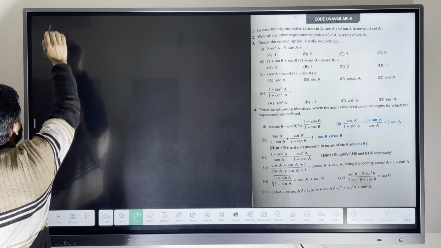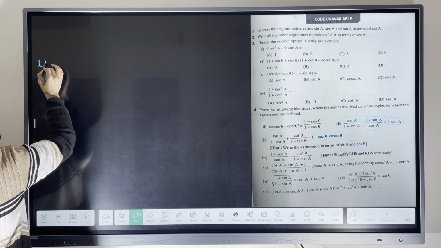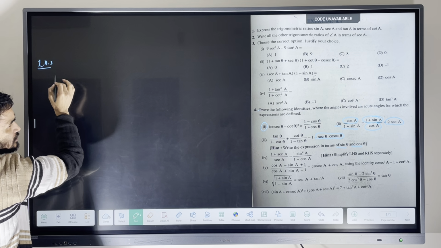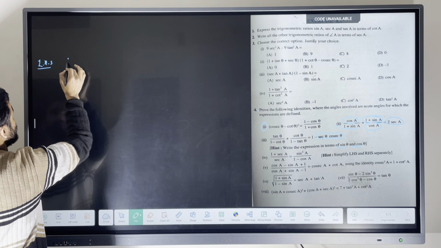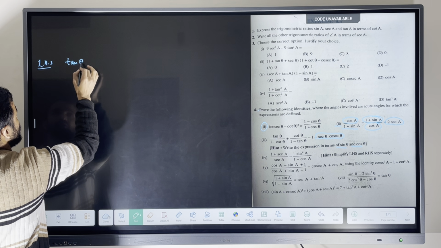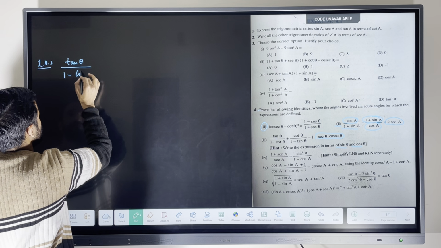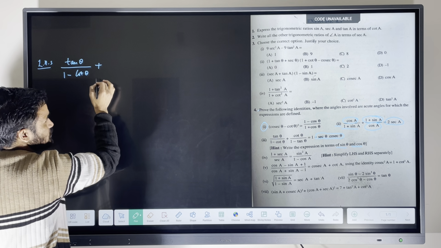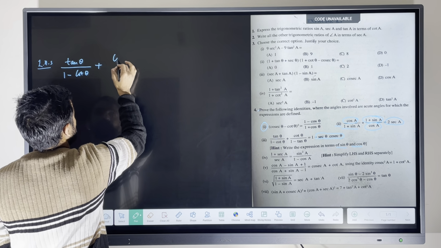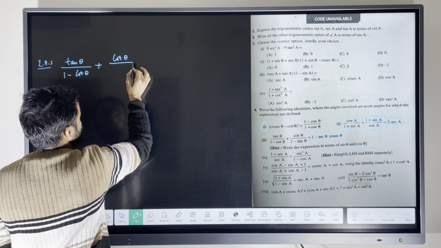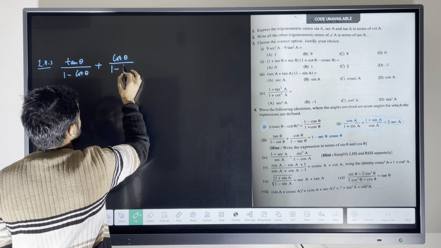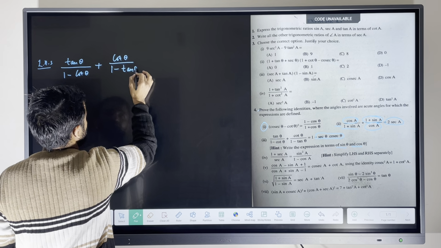So I am taking the left hand side. Left hand side is tan theta upon 1 minus cot theta plus cot theta upon 1 minus tan theta.